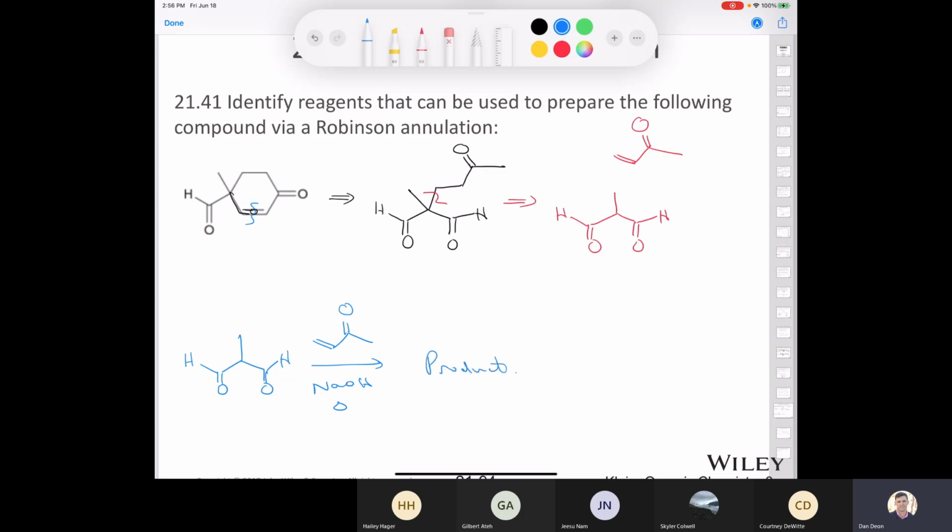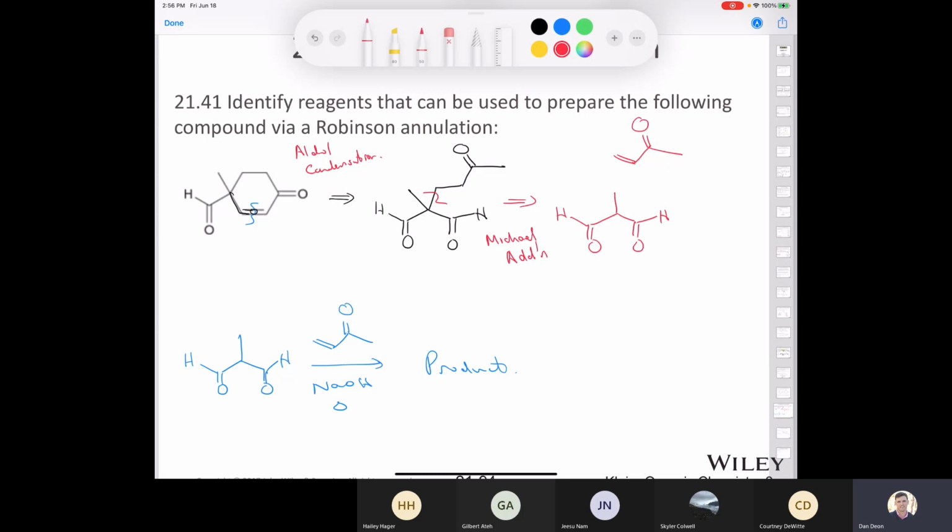So again, I think it's best to do this by a kind of double retrosynthesis, because the first part is the Michael addition. So this is the retrosynthesis of the Michael addition, and then this is the retrosynthesis for the aldol condensation, like that. There you go.